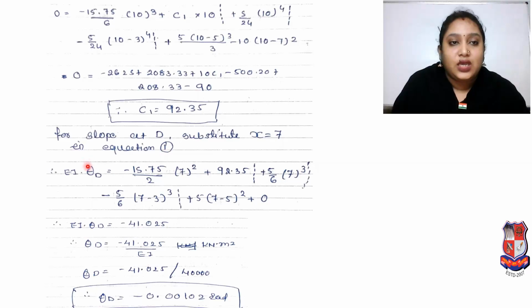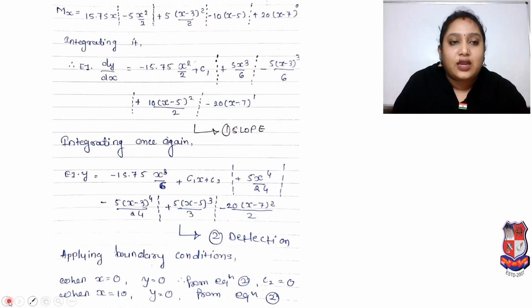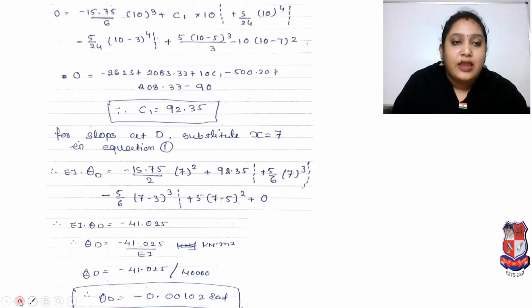So here EI theta D. You will think about how we got that theta D. dy by dx is nothing but theta, and we have to find slope at D, that's why we put D over here.